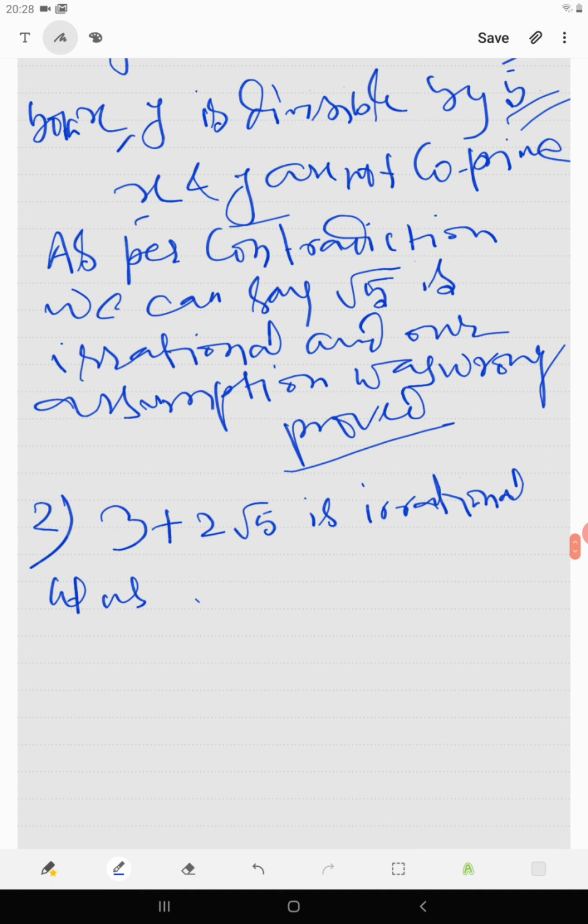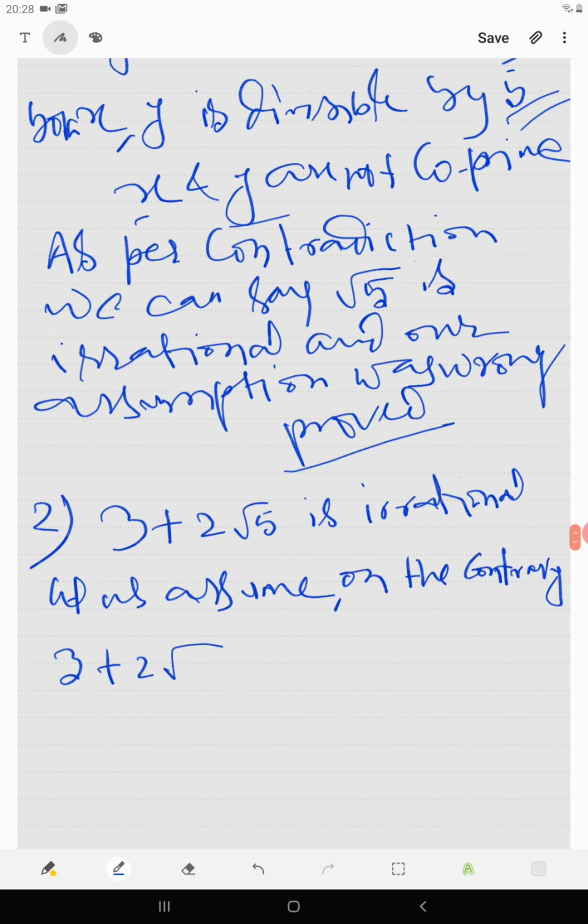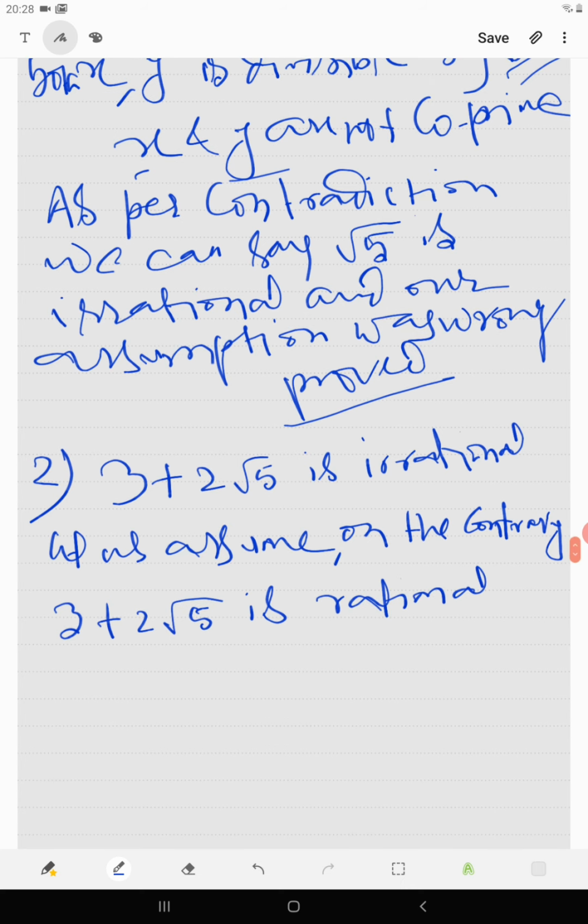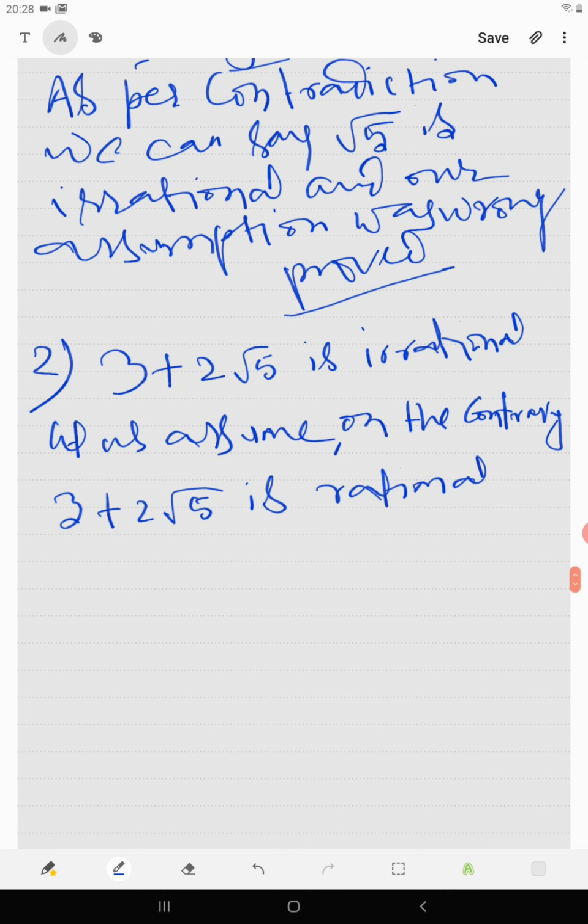Let us assume, on the contrary, that 3 plus 2 root 5 is rational.